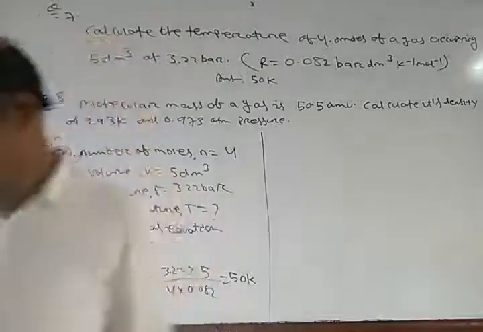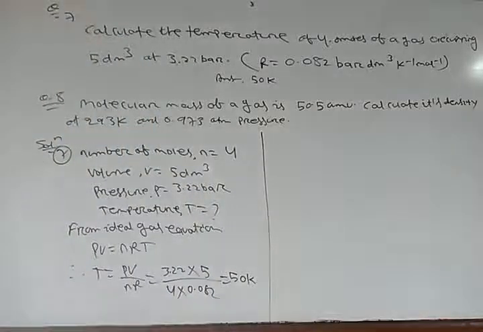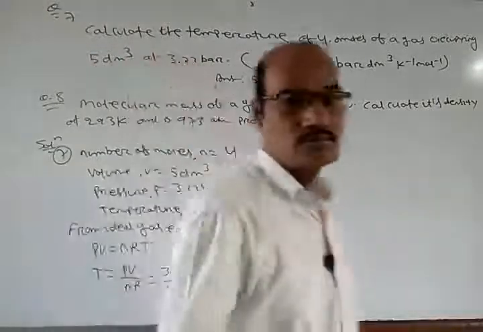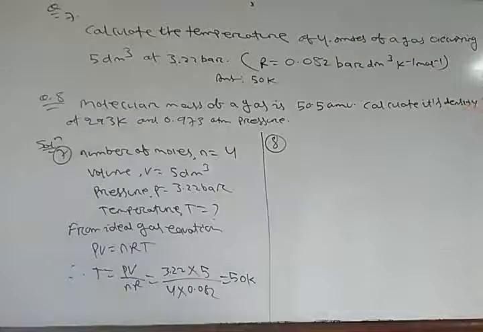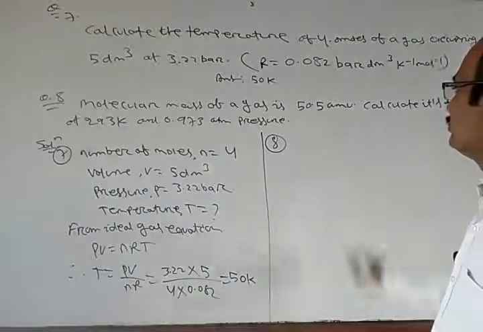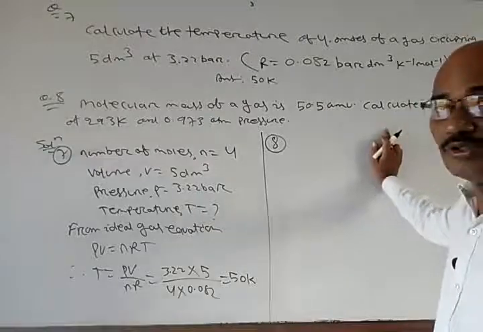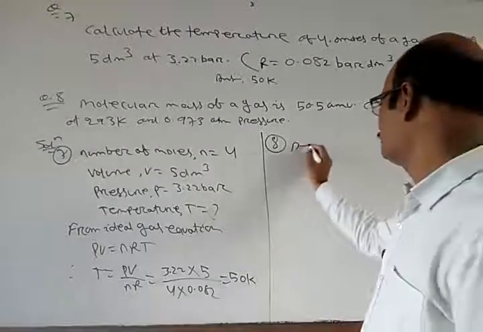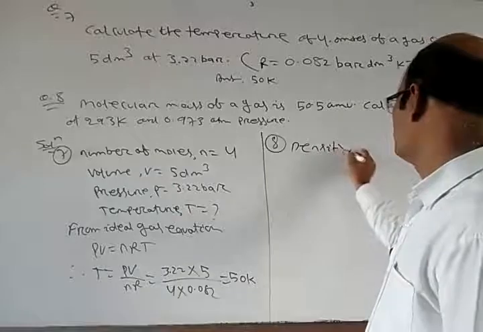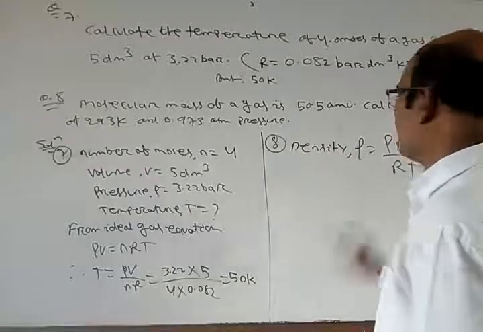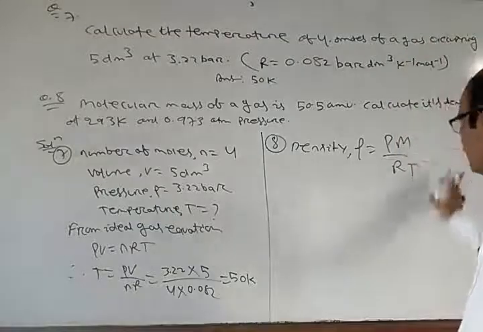Okay, next question number 8. Here the molecular mass of a gas is 50.5 u. Calculate the density. We know the formula, density rho equal to PM by RT.